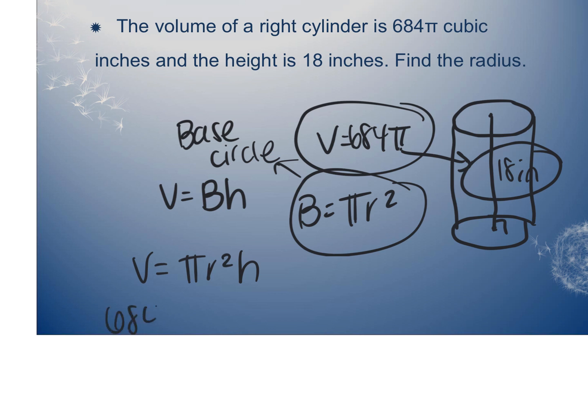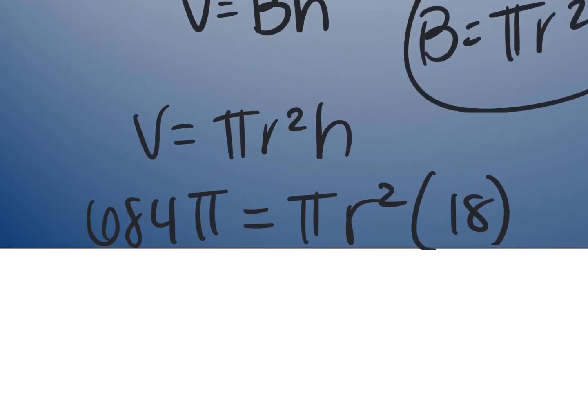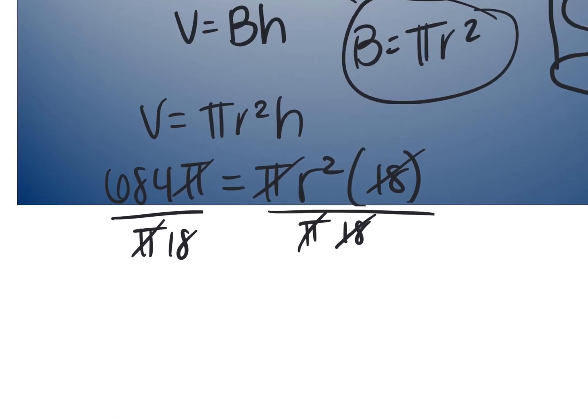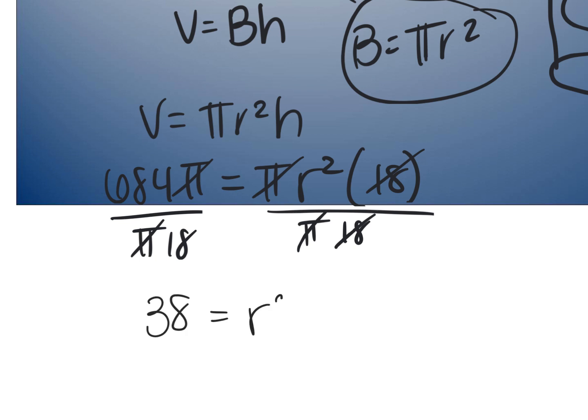So 684 pi equals pi times the radius squared times 18. I'm solving for the radius, so I'm going to divide by pi and 18. The pi's cancel out, so I get 684 divided by 18, which is 38, equals r squared.